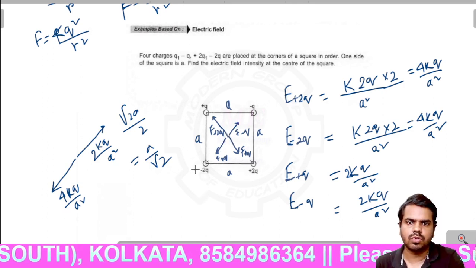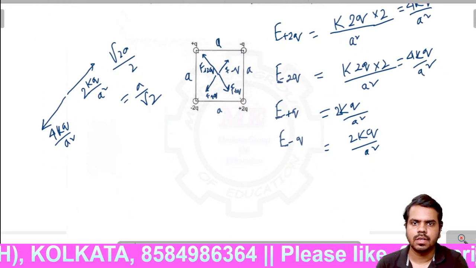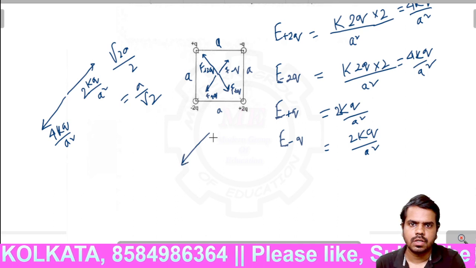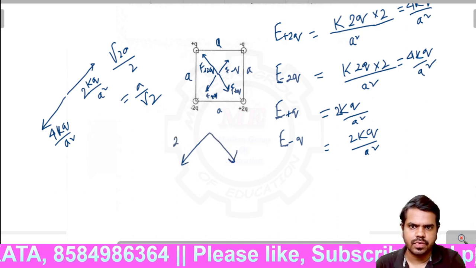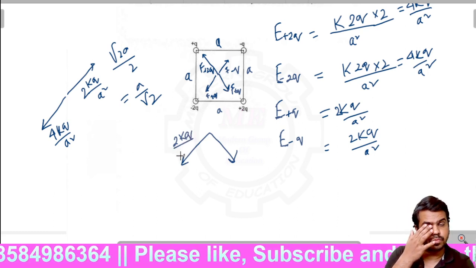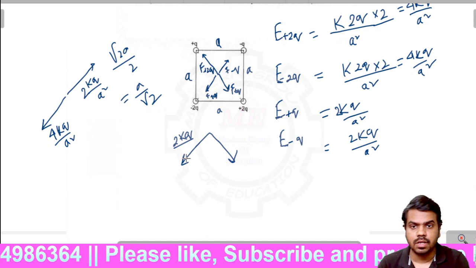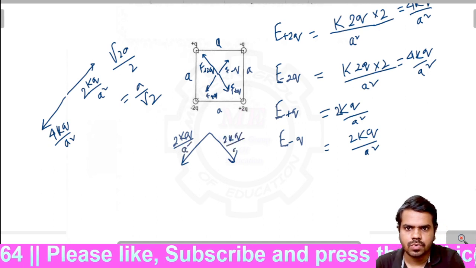So the net force will be in this direction, here and here. Sorry, about the forces, every time I'm repeating that, the forces is the electric field, 2KQ by a square, here also 2KQ by a square.